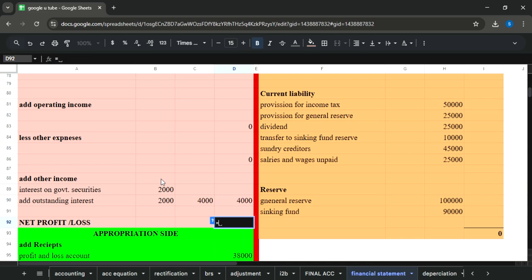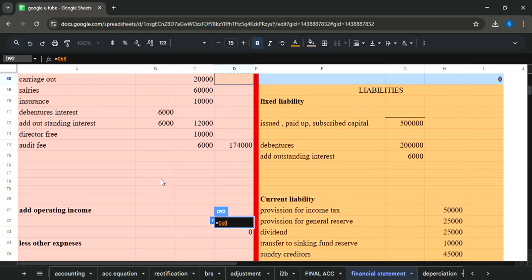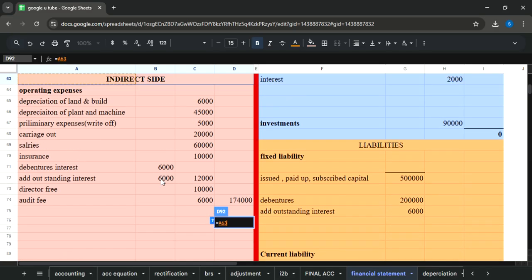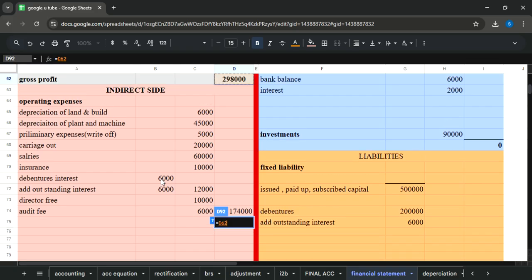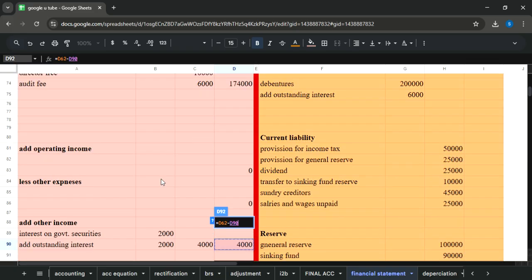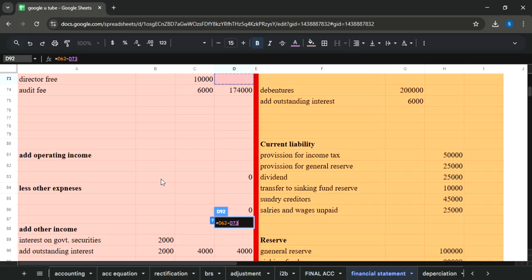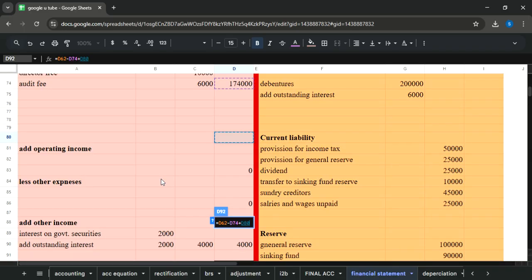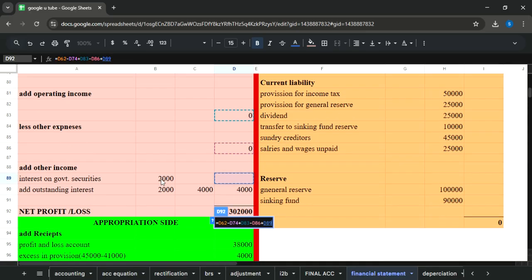So let's calculate net profit. For this we will go to direct side, gross profit, less operating expense, add operating income, less other expenses, add other income.